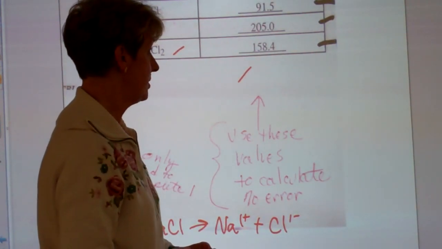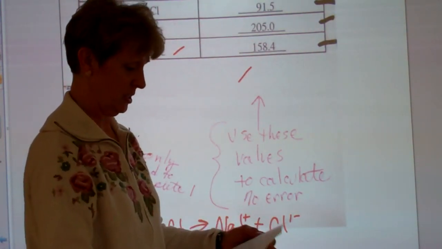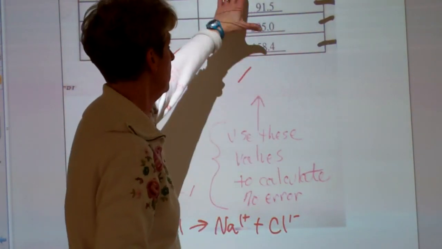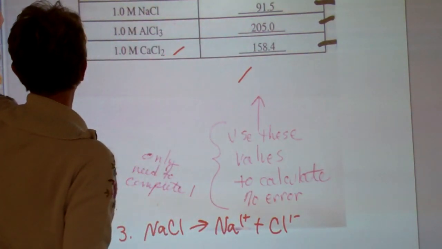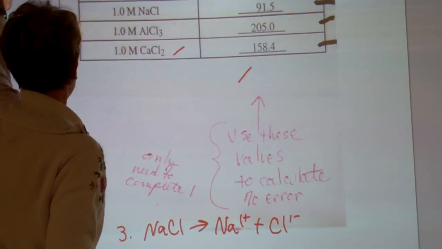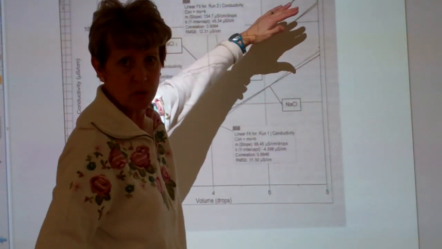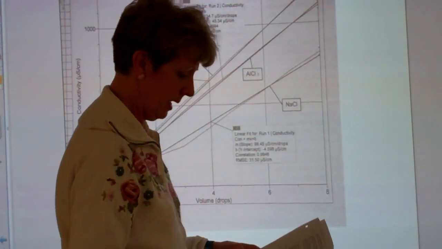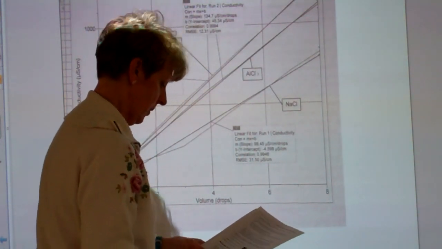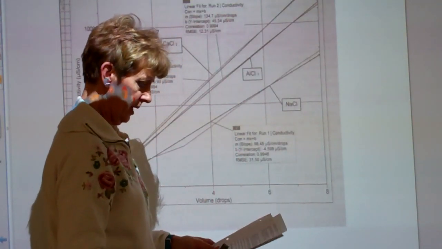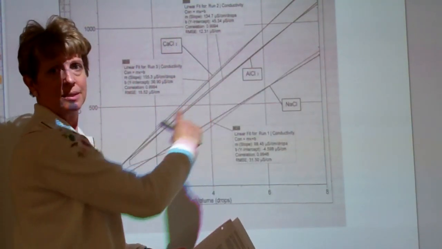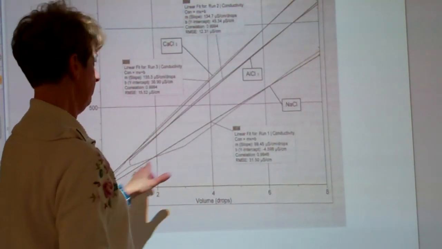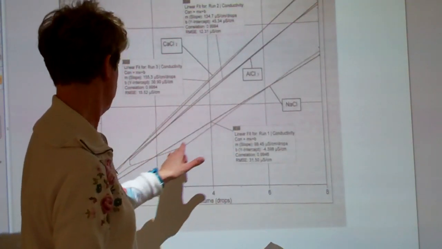Next, what we'd like to do then is answer the questions under processing the data. So again, you have your slopes, so let's take a peek at the next item. Now, you each have an individual graph. Here's one where they're all plotted together, and it'll help us in our discussion. Number 1, it said describe the appearance of each of the 3 curves on your graph. Well, pretty linear. We did a pretty good job.